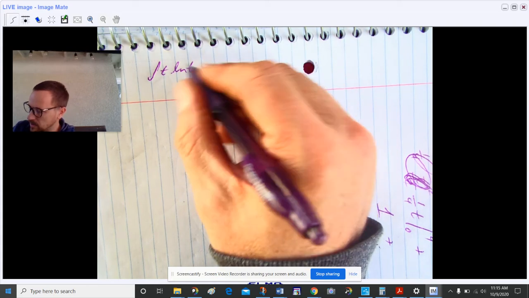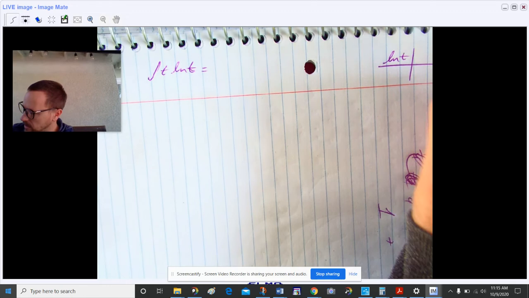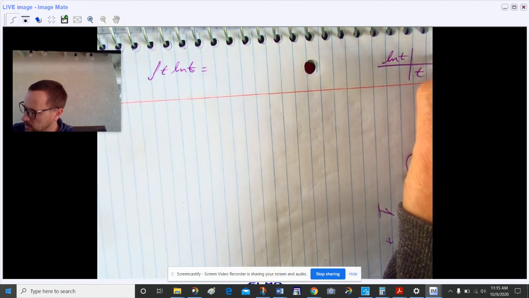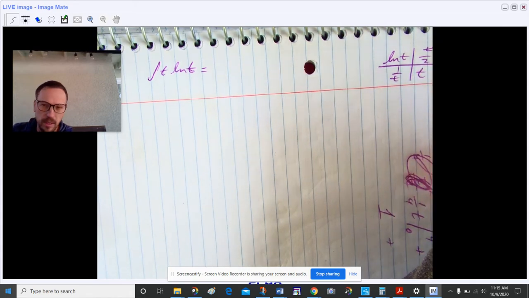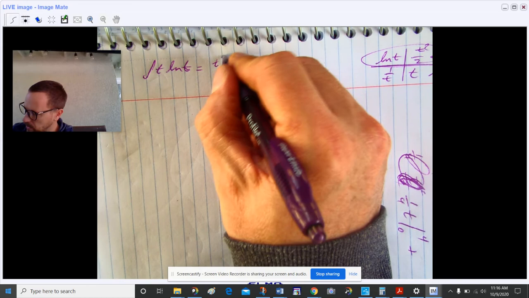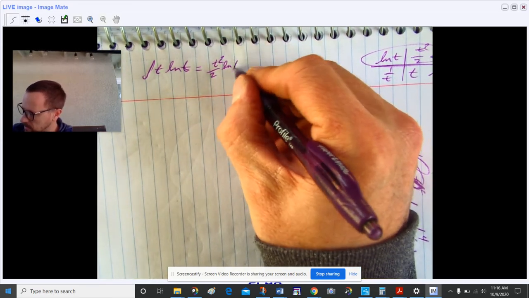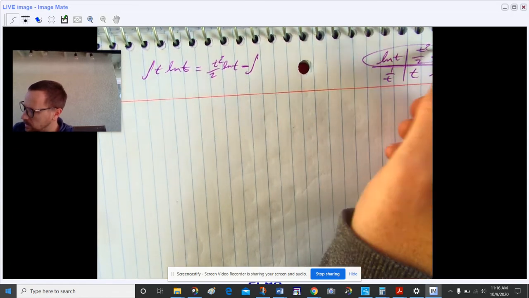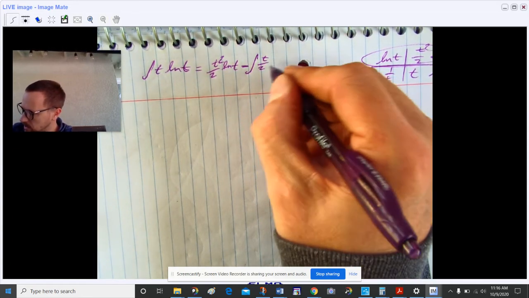And so we got uv, so natural log of t, and that means this would be t, so we got t squared over 2, and then we have 1 over t. So we'd have t squared over 2 times the natural log of t minus the integral of t squared over 2 times 1 over t, which comes out to be t over 2 dt.